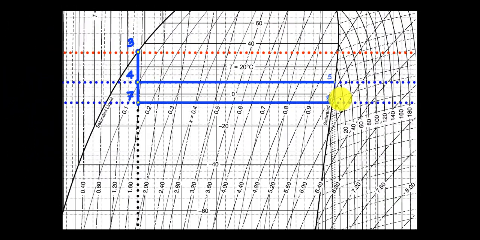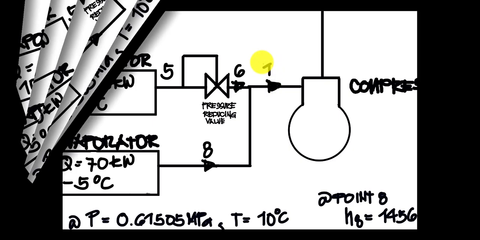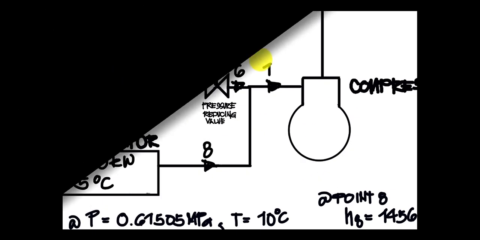Now next we need to find the enthalpy at point 1. Looking at the cycle diagram, from here we need to do a mass balance and an energy balance to determine the enthalpy at point 1 and also the mass flow rate at point 1.